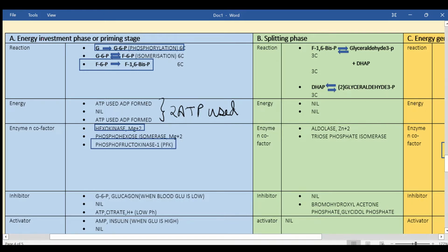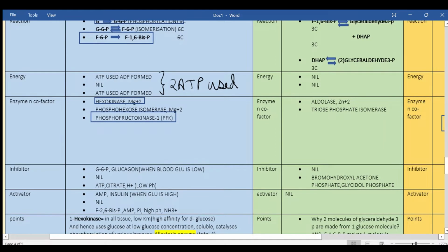So always remember, in glycolysis, the first three steps, that is glucose converting to glucose 6-phosphate, glucose 6-phosphate converting to fructose 6-phosphate, and fructose 6-phosphate converting into fructose 1,6-bisphosphate, will never generate ATP or energy, but they will use energy or ATP. Okay, so energy is used up here, and how many ATP molecules? 2 ATP molecules are used up.